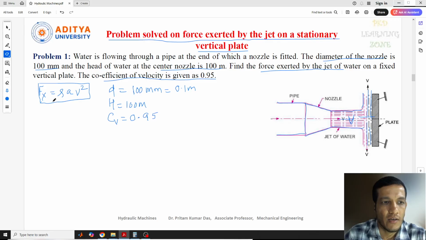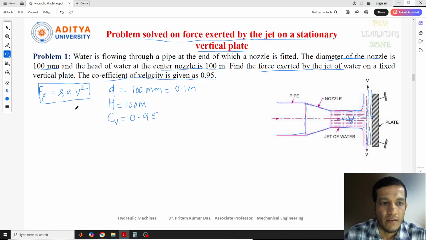So actually in this equation, if you see, the force exerted by the jet of water on the plate equals rho into a into v square. So rho is nothing but density, and a equals the area of the jet, and here we need to consider the area of the nozzle. v equals the velocity of the fluid.